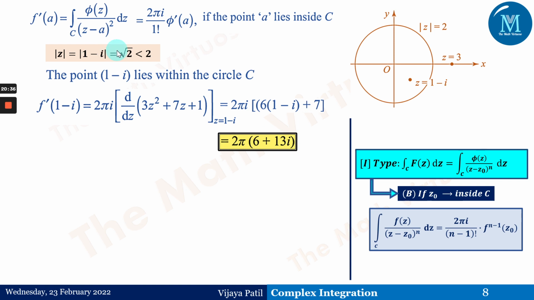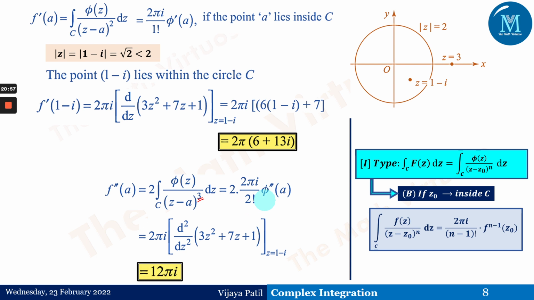In the same way, f''(a) involves a cube, so the formula becomes 2 times the integral of φ(z)/(z − a)³ dz equals 2 · 2πi/2! φ''(a). We differentiate two times and get the value 12πi.